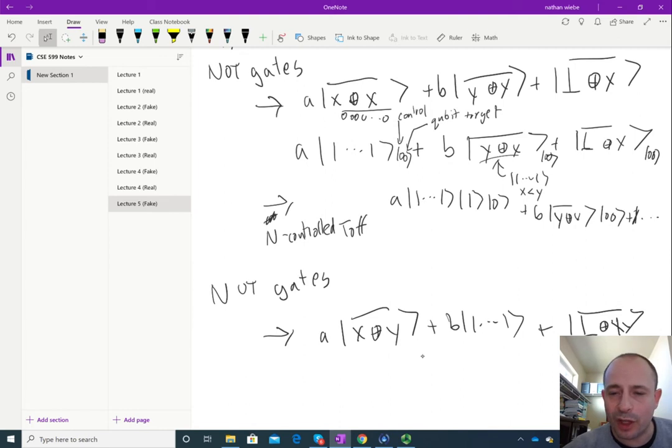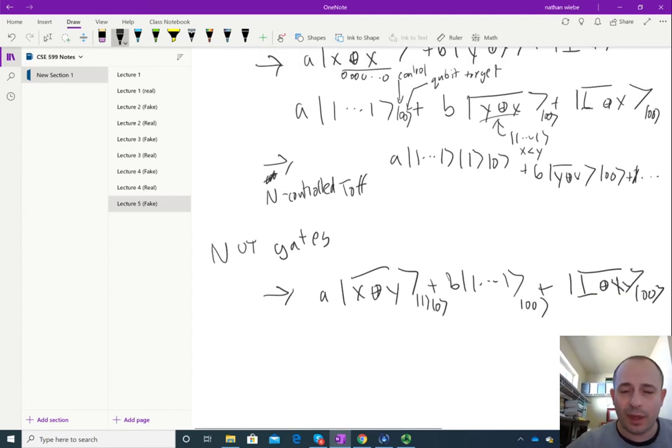Oh, and I should mention that this is 1, 0 there, and this is 0, 0, and this is 0, 0. Now I'm going to do the same thing in controlled Toffoli.